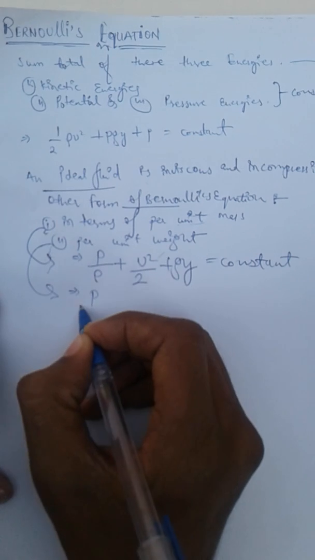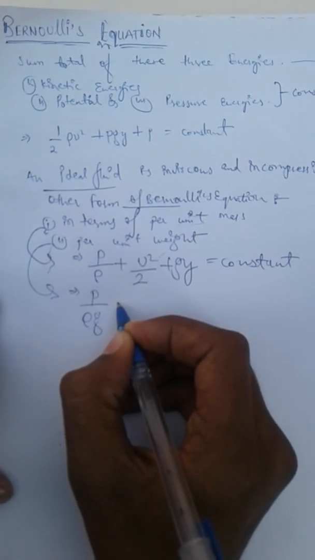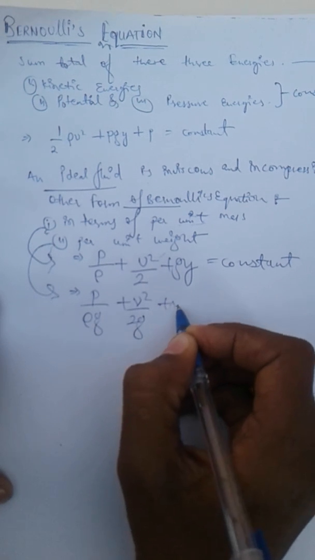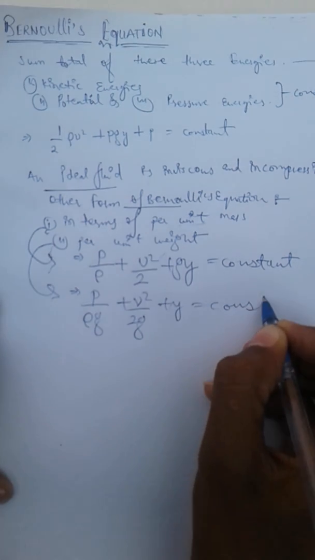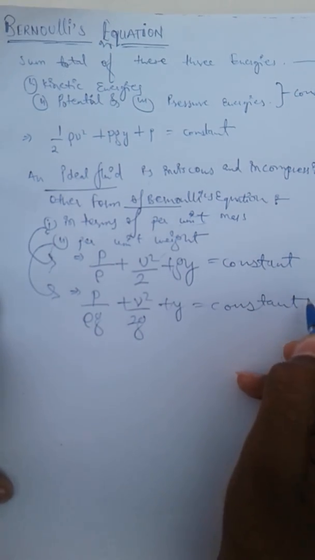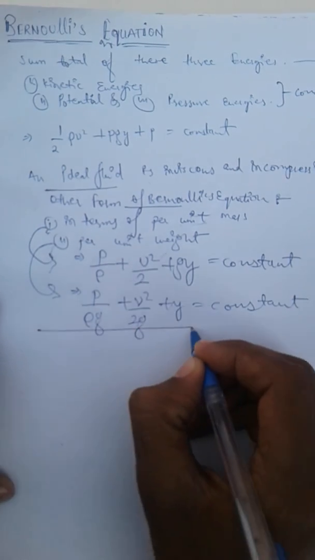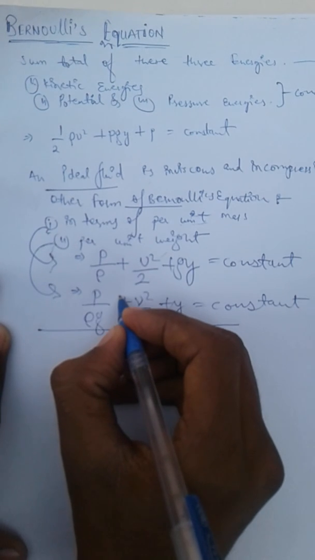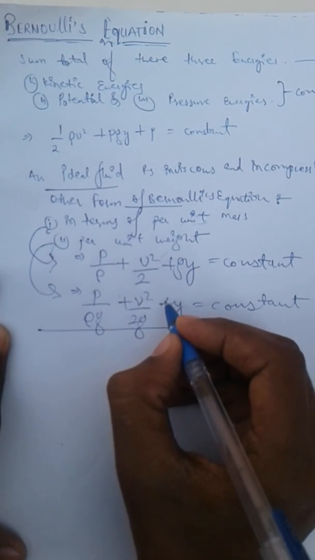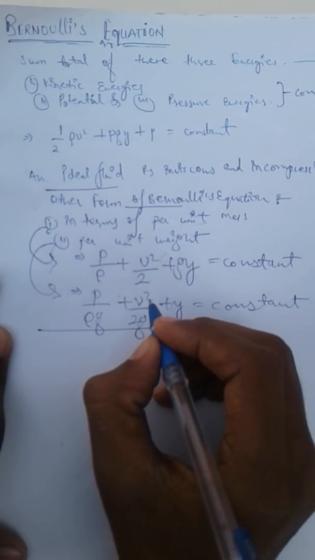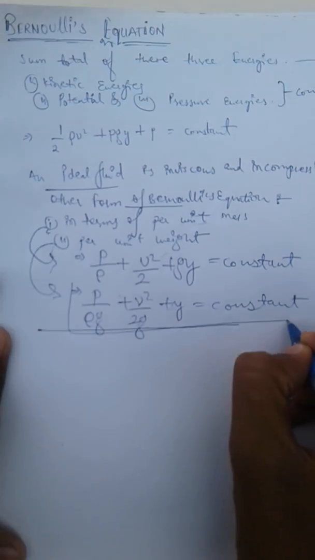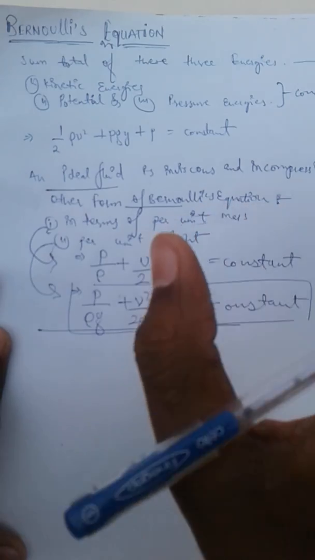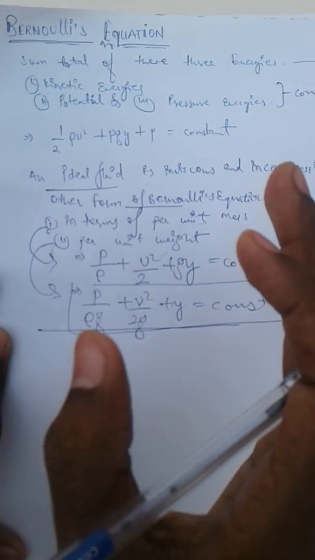The equation is P upon rho g plus V square upon 2g plus y equal to constant. Important thing to remember, the Bernoulli equation in the per unit weight form is the most commonly used expression.